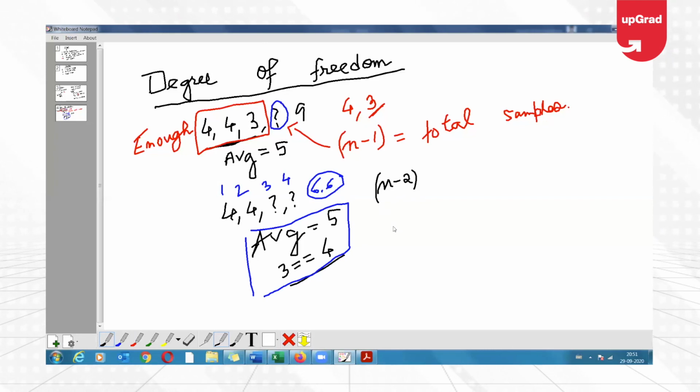So it is not necessary that it has to be n-1. That's the message you need to take home. Most of the time it will be n-1, but not necessarily. Here it's n-2 because knowledge of n-2 variables was good enough for me to derive the other numbers when I know this particular condition.